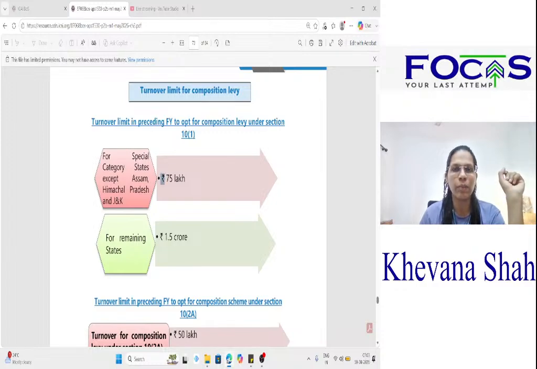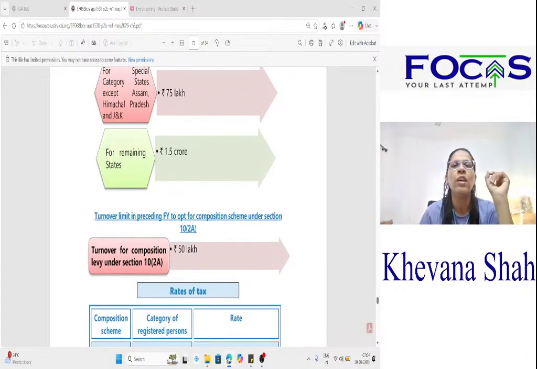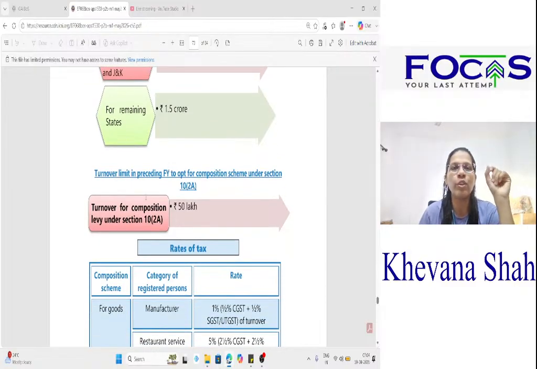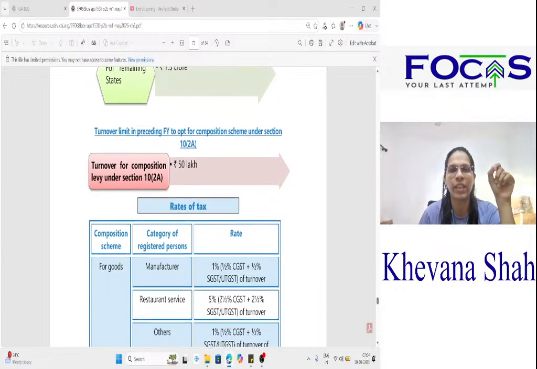The turnover limit should be 75 lakhs. So in case you are crossing this limit, you will not be eligible to opt for composition levy under section 10.1 in case of special category states except Assam, Himachal Pradesh and Jammu and Kashmir. And for all the remaining states, the limit that you have is 1.5 crores. Then turnover limit in preceding financial year.